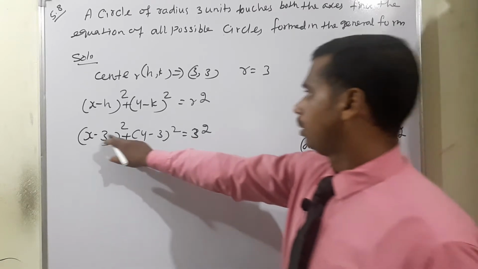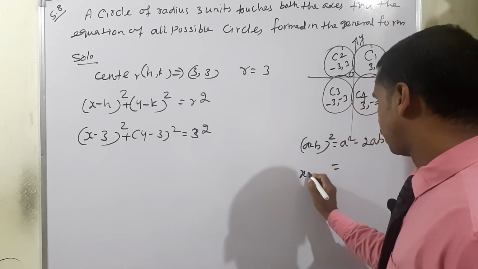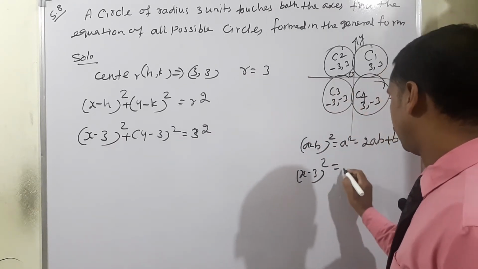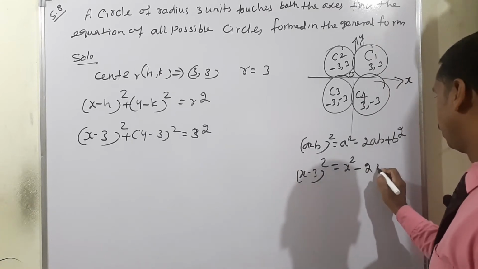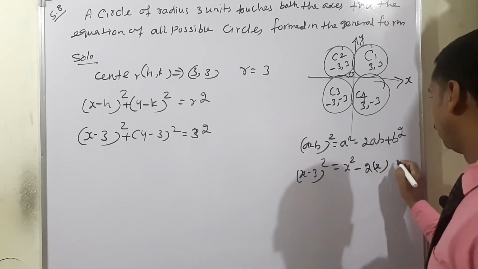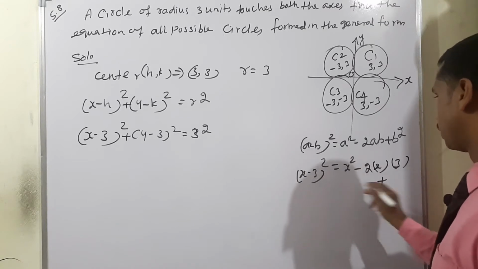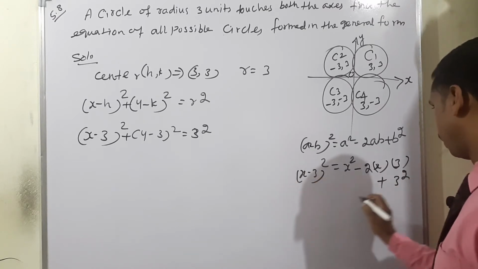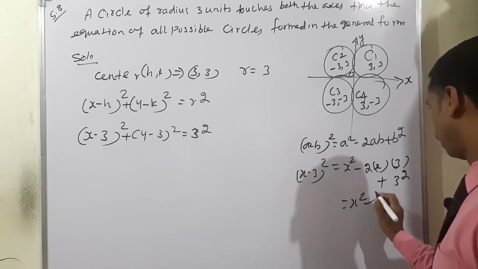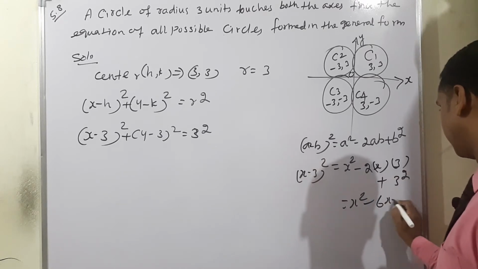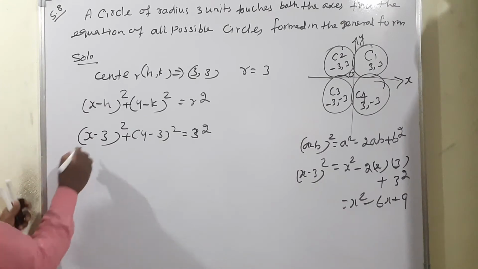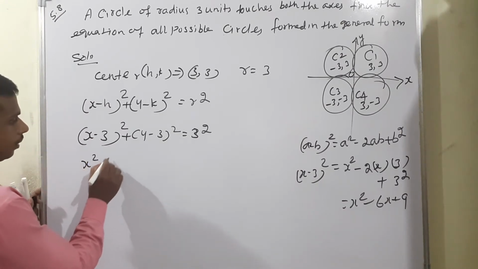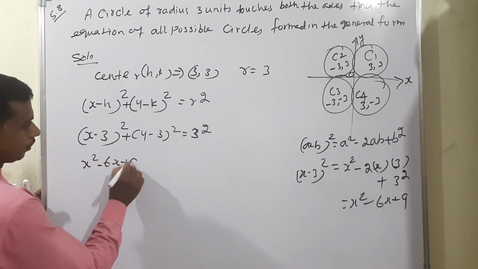So x minus 3 the whole square means what will happen? x square minus 2 into the a value x, b value 3, then plus b square, which is 3 square. Therefore we can write x square minus 6x plus 9.